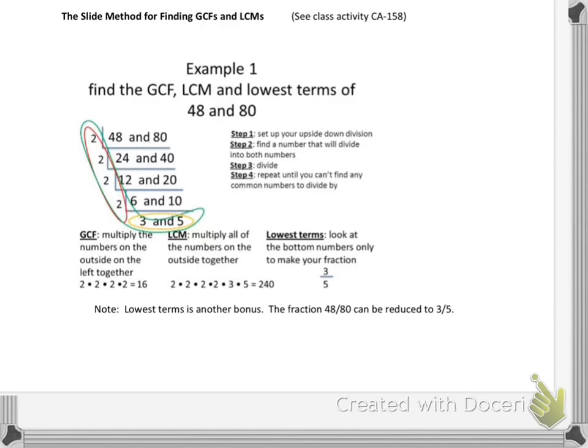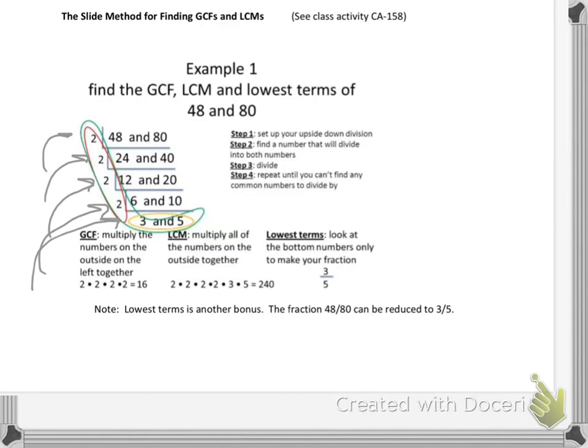So list your two numbers, and our two numbers are 48 and 80. Because they end in 0 and 8, they're divisible by 2. So put a 2 on the outside, right here, and then divide 2 into 48 and 2 into 80, you get 24 and 40. Continue this process: 2 into 24 and 40 go 12 and 20, 2 into 12 and 20 go 6 and 10, and 2 into 6 and 10 go 3 and 5.